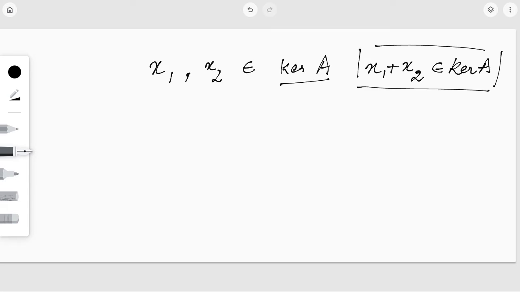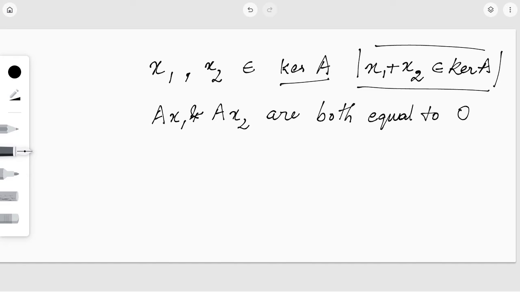Now, if x1 and x2 are elements of the kernel of A, we have A(x1) and A(x2) both equal to 0.